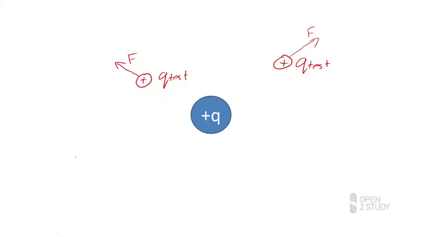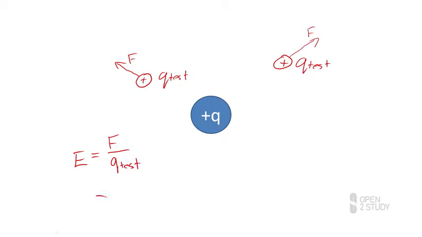Now we're going to call our electric field, instead of being just the force, because we don't really care about that test charge. We can put a big charge there or a small charge there. We want to know the field from our central charge here. So we'll say that our electric field is the force divided by the test charge. It's the force per unit charge.